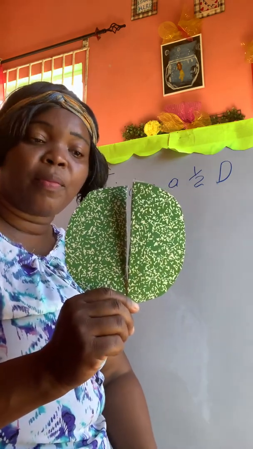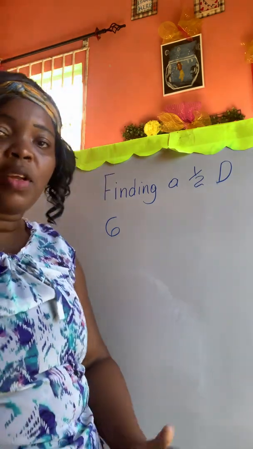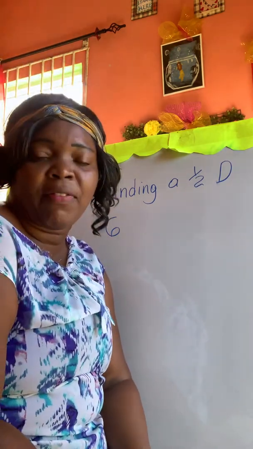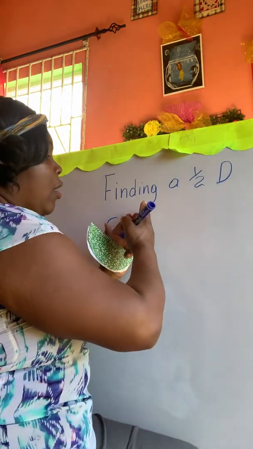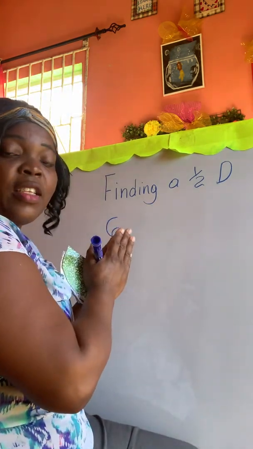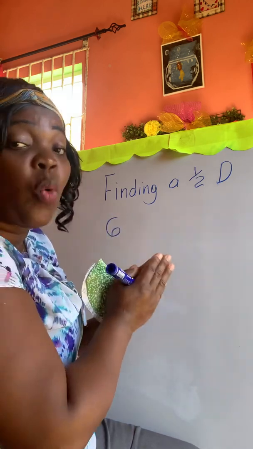There we go. Now it's the same as with our numbers. When we're trying to find a half of a number, the two sides, the two halves must be equal.